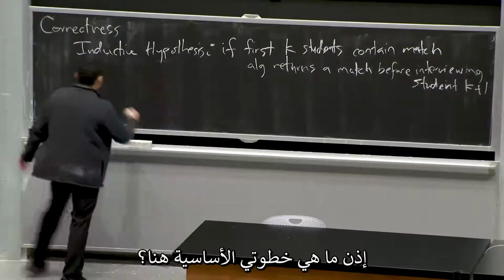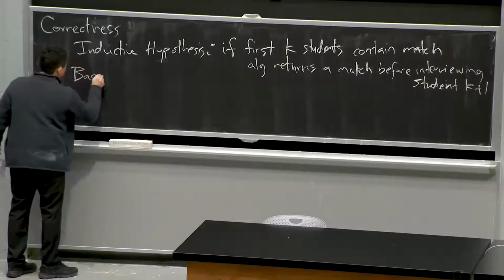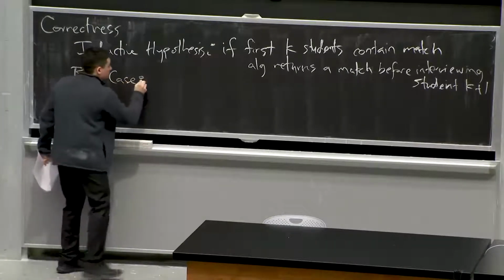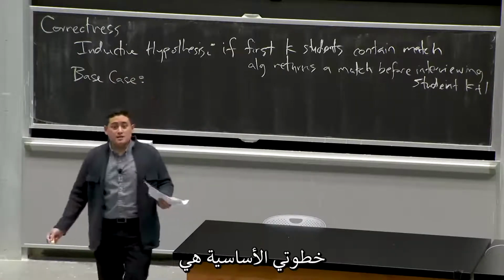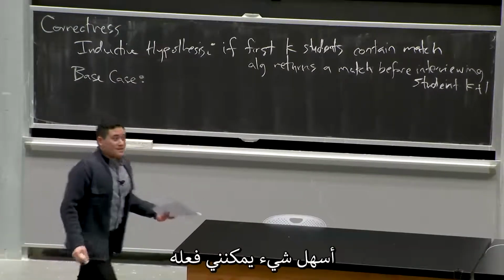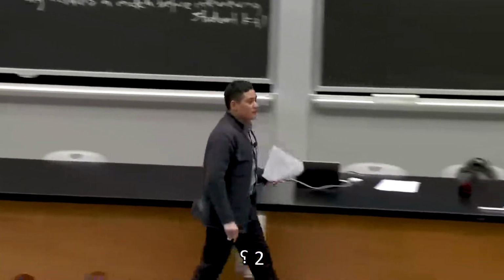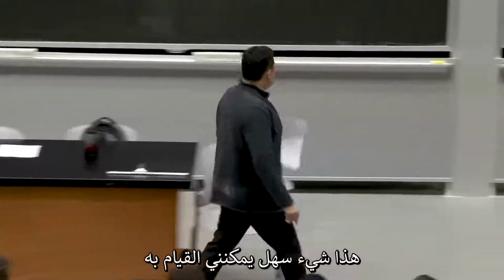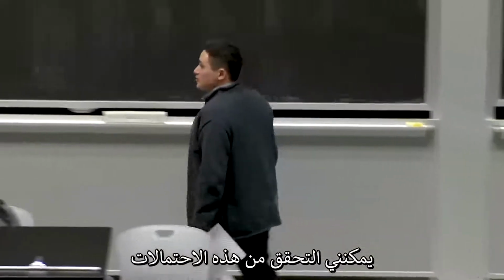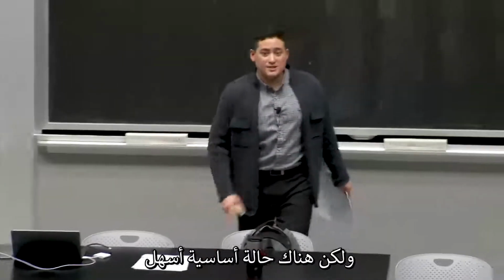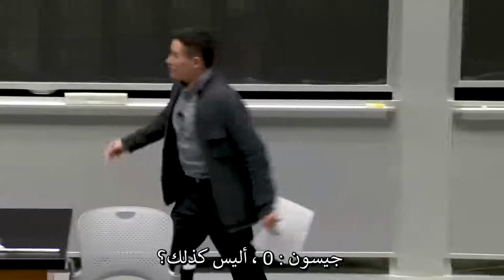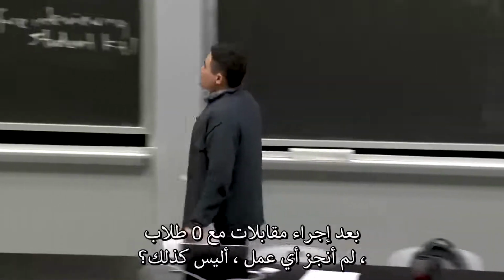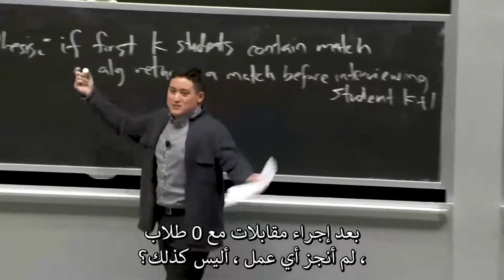So what's my base case here? My base case is the easiest thing I can do. Sure, 1 or 2, that's an easy thing I could do. I could check those possibilities, but there's an even easier base case than 1. 0, right? After interviewing 0 students, I haven't done any work.